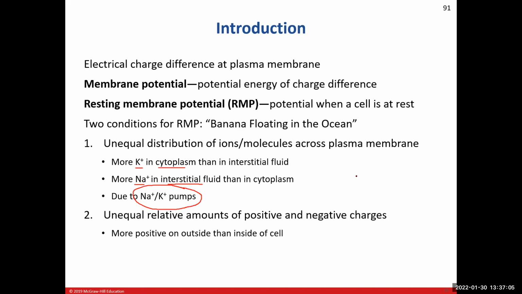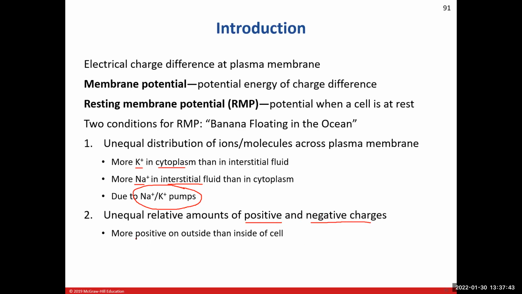They're constantly pumping all the time. And no matter what is going on, their job is, like, you're in a boat bailing out water. These pumps are pushing sodium outside of the cell and moving potassium inside the cell. And because we have unequal distributions of these ions, it will cause positive and negative charges to be established across the plasma membrane.